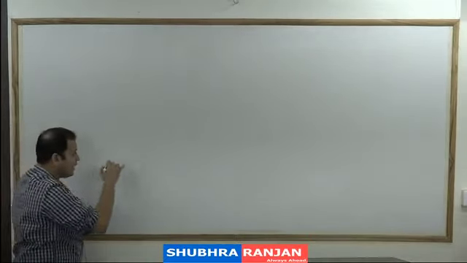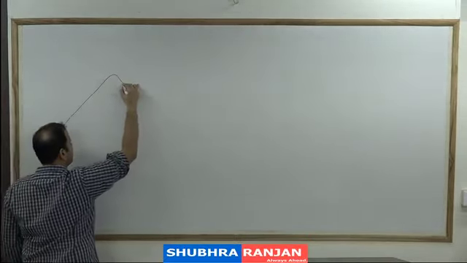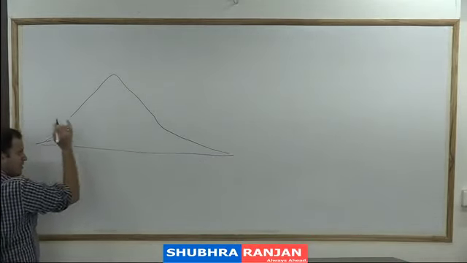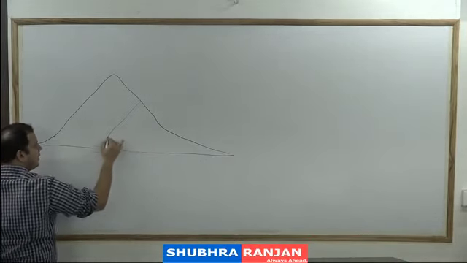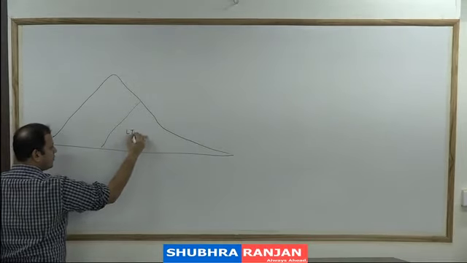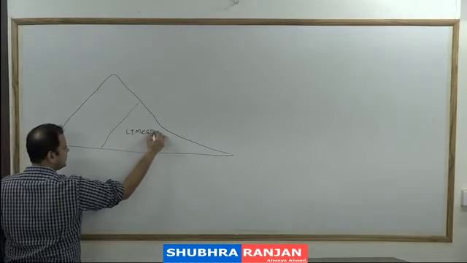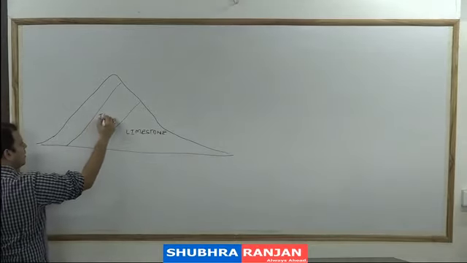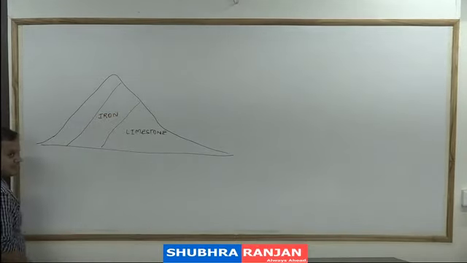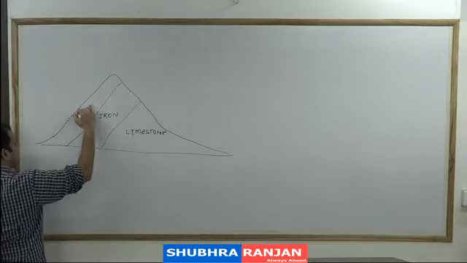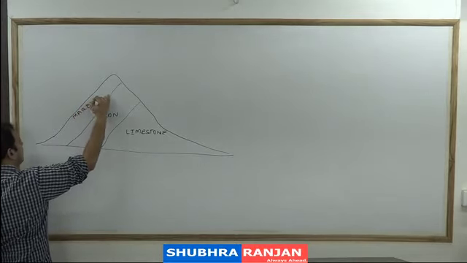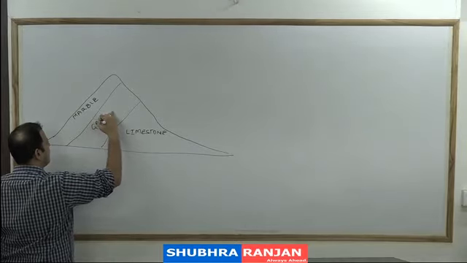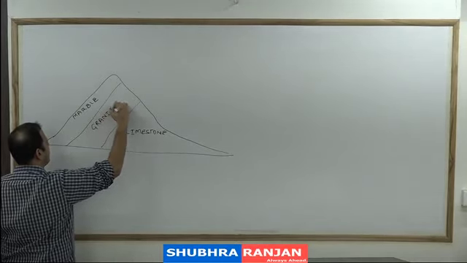Now, I am asking you a generalized example. If this is a rock or a mountain, and some part of it is made up of limestone, some part of it is made up of iron, the most common mineral here, some part of it is made up of marble, or forget iron, some part of it is made up of granite.